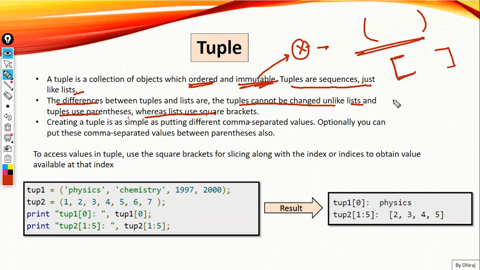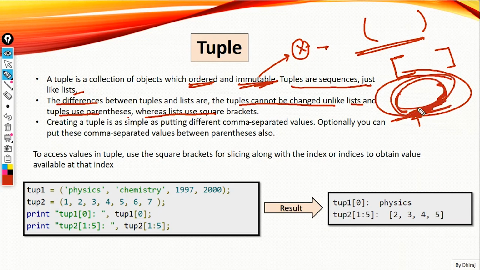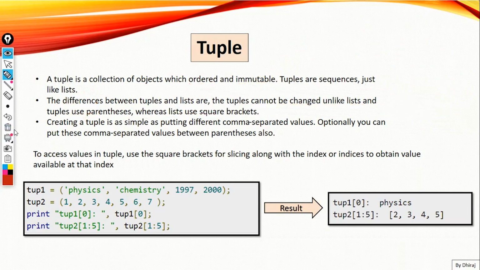Keep in mind that at that time we were getting output in square brackets, and I told you I'd explain it in the next slides. If we are slicing something and we get output in round brackets, make sure that this is a tuple, and we are not going to change this tuple in our future programs.